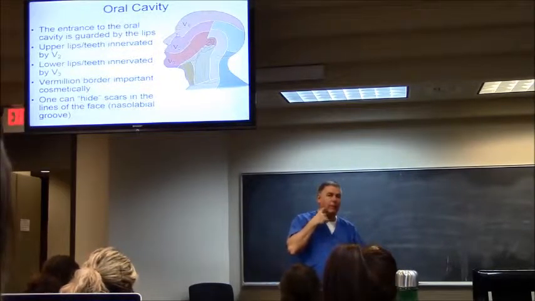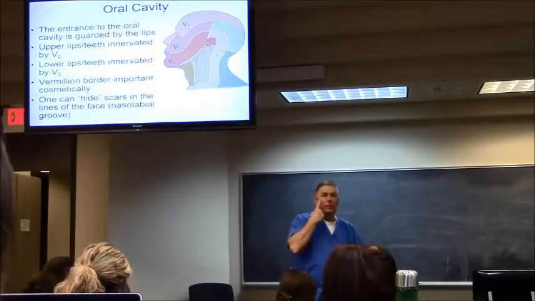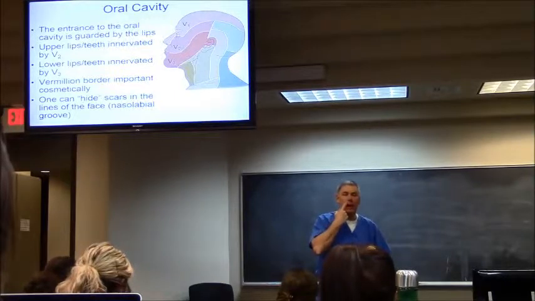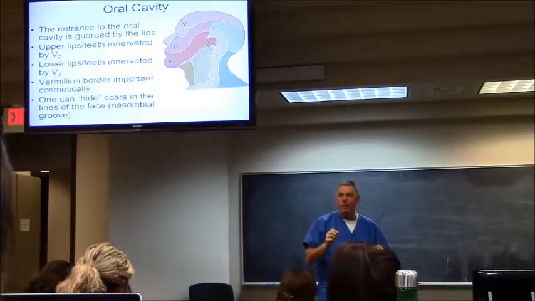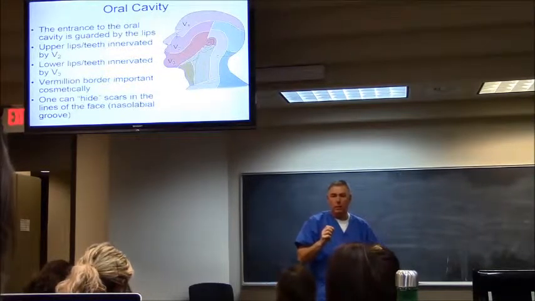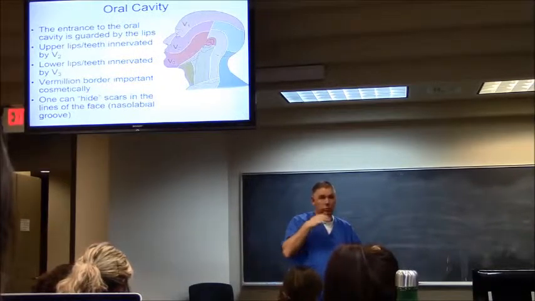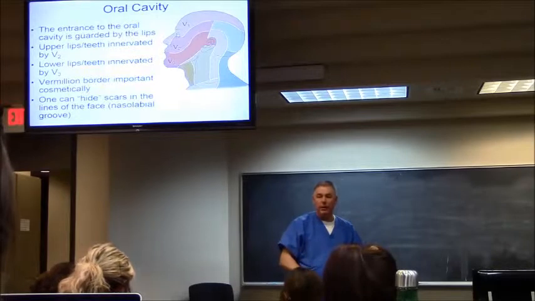The inferior alveolar innervates all of the mandibular teeth. As far as the maxillary teeth, there's a posterior, middle, and anterior superior alveolar nerve, like the opposite of the inferior alveolar nerve, right?